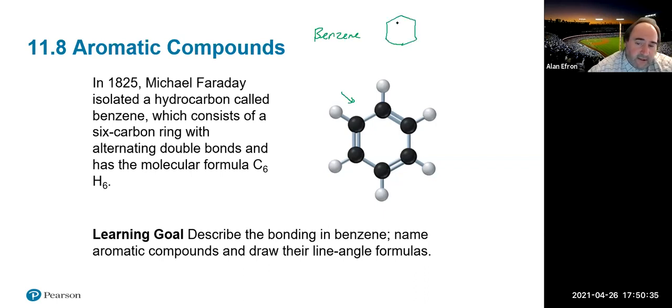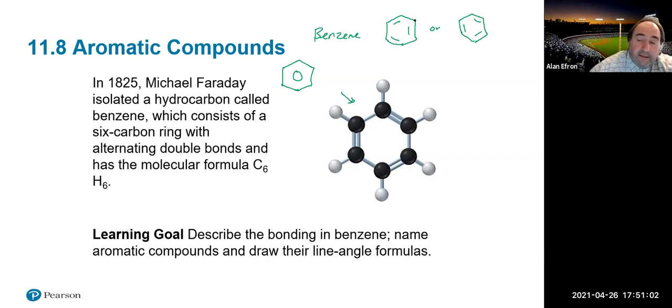It's basically a 6-carbon structure in a ring, but it does have 3 double bonds in it. Or you could draw the resonance structure for it, which looks something like this. Or sometimes benzene is just drawn with a circle in the middle. And that's because these double bonds are delocalized, which means they are moving around and around.